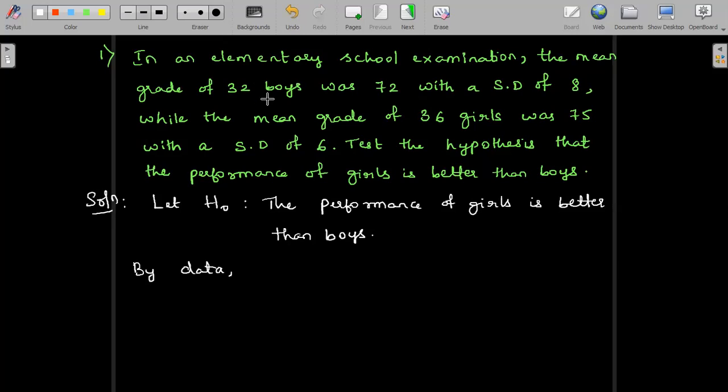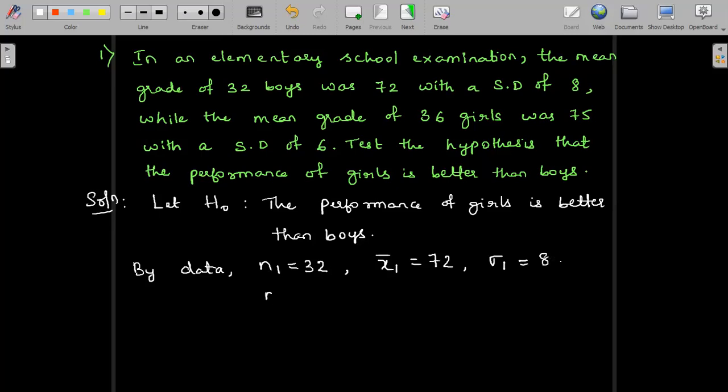let us assume the set of boys number as n1 and the set of girls number as n2. So n1 is 32, and with respect to boys, that is for 32 boys, the mean grade is given as 72. So let us denote the mean as x1 bar. So this is 72 for us. And what else is given is sigma 1, the standard deviation, which is 8.